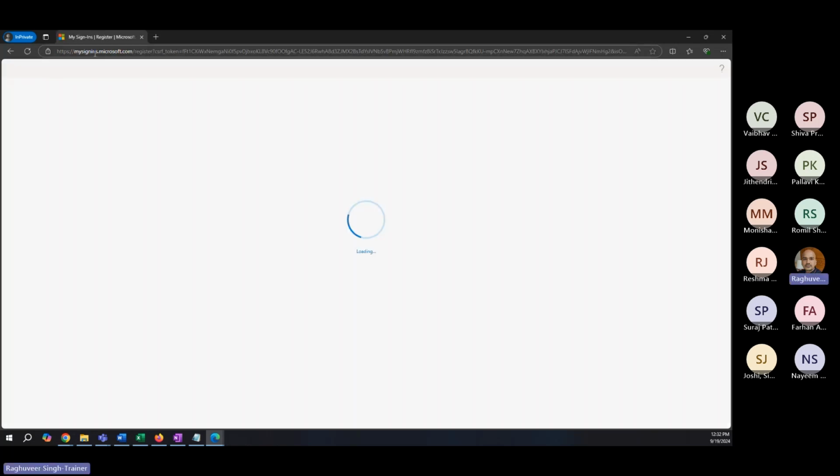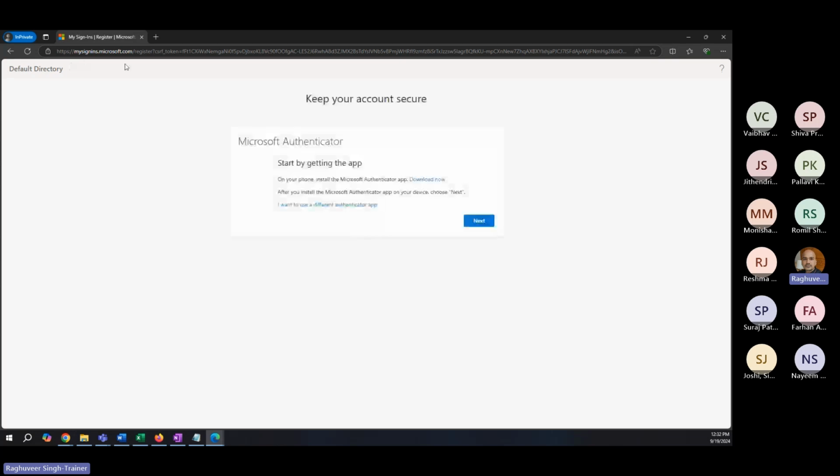So Shyam comes here, it takes you to the mysignin.microsoft.com window, and it needs to configure the Authenticator app. Configuring the authentication method is a feature of a paid license; in a free license, it is always with the Authenticator app. In a paid license, you can configure the methods also. So now Shyam basically needs to download the Authenticator app and configure it.